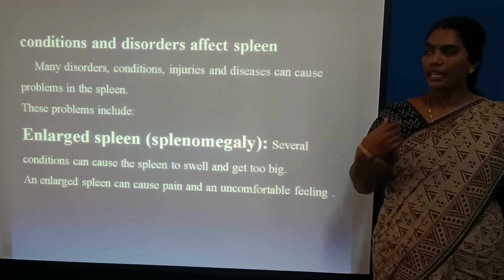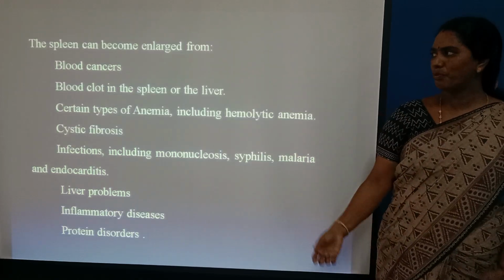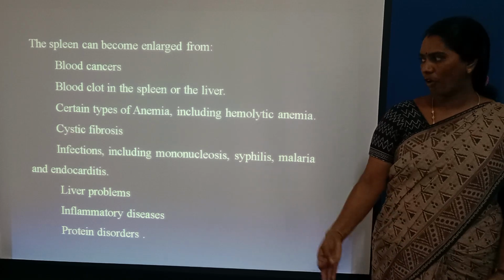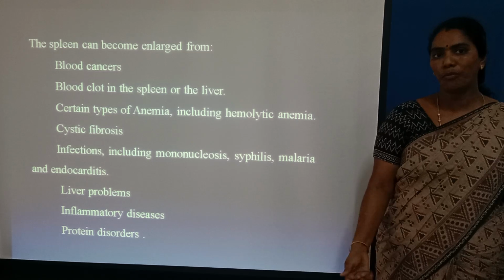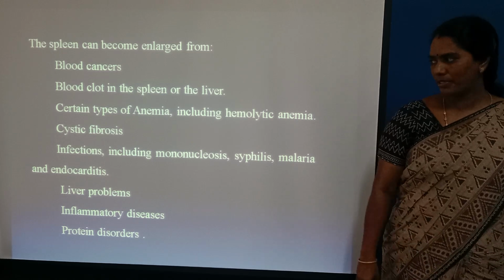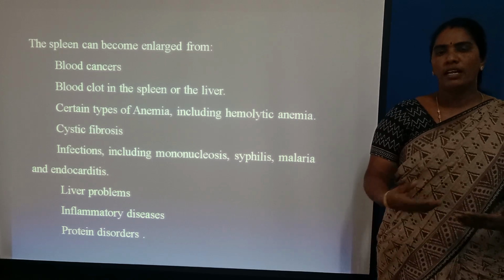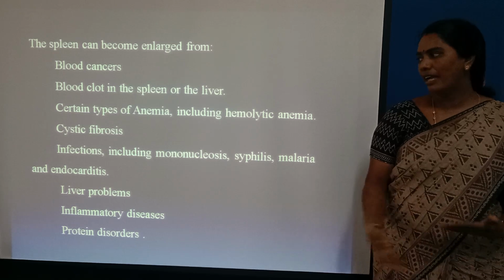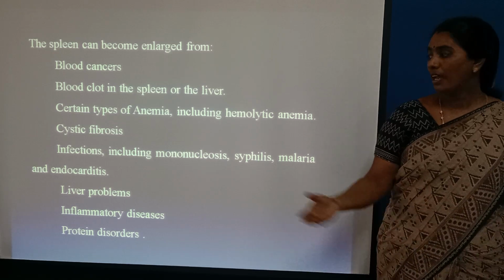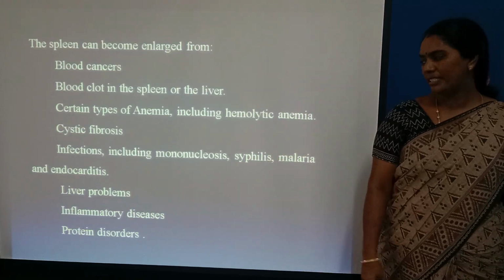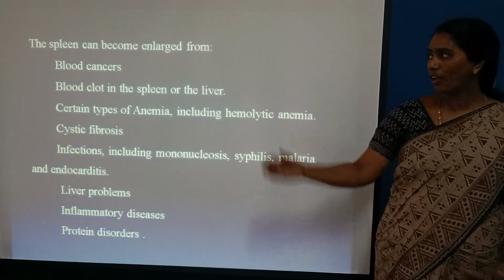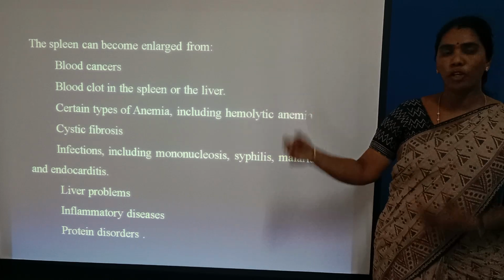Splenomegaly is caused by blood cancer, blood clotting in the spleen and liver, and certain types of anemia, including hemolytic anemia, cystic fibrosis, and infections like syphilis, malaria and endocarditis. Next, liver problems, inflammatory diseases and protein disorders. These are all factors that cause splenomegaly.